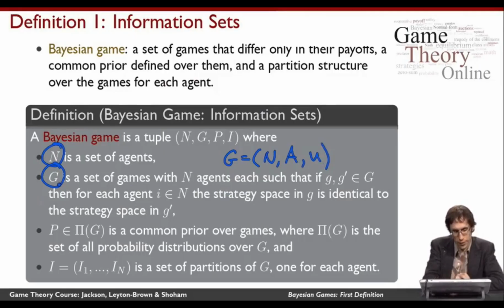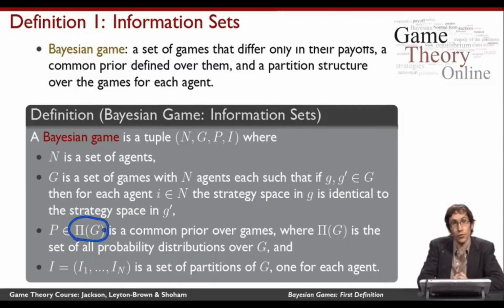So we're going to restrict this set of games here to all have in common the same set of agents and also the same action sets. So these games are going to differ only in their utility functions. Then P is going to be an element of the set of all possible probability distributions over games.